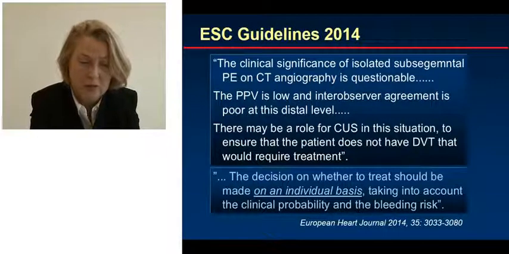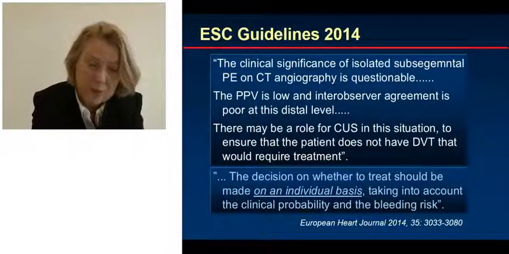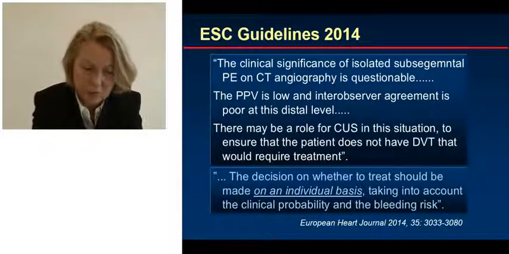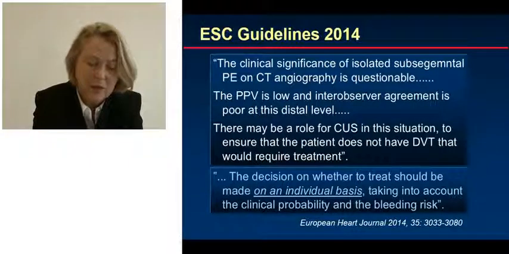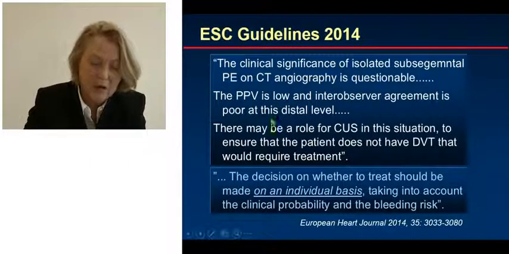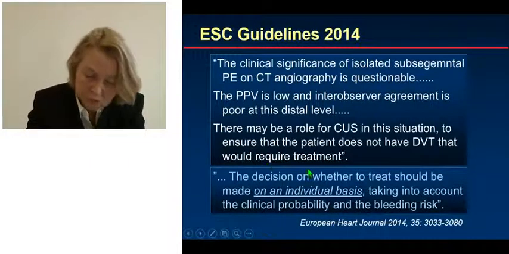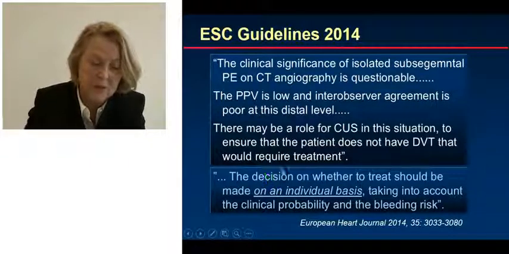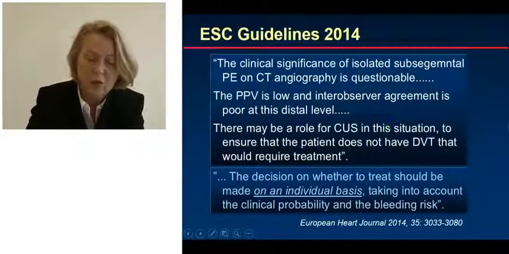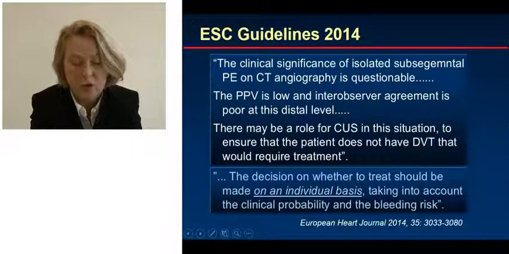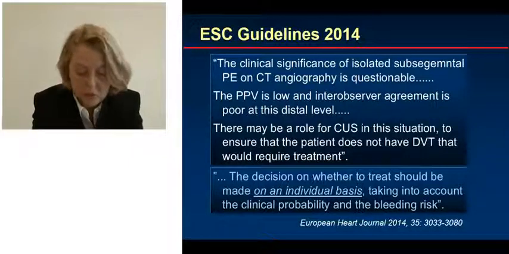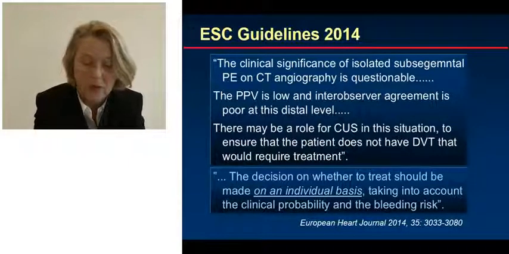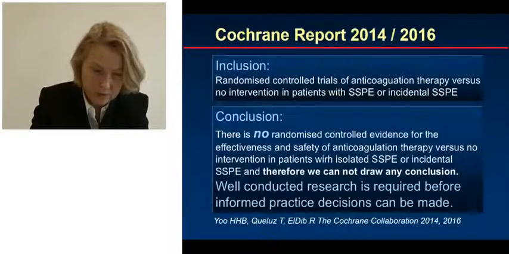The European Society of Cardiology published guidelines in 2014, and they also have another statement, a kind of backdoor. They say the decision on whether to treat should be made on an individual basis, taking into account the clinical probability and the bleeding risk.